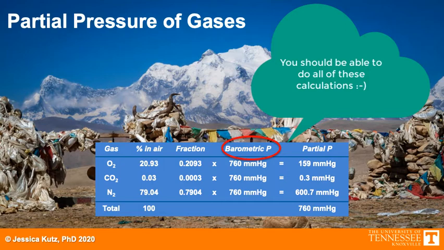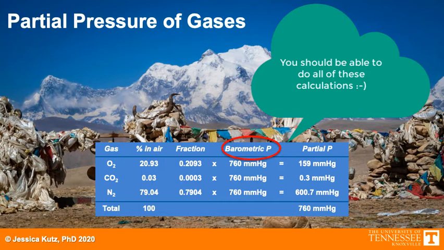and I would be calculating the partial pressure of oxygen, which would be 159 millimeters of mercury. And that's important because gases are going to flow from a high pressure to a low pressure. So in my tissues, the partial pressure of oxygen is much lower. That's going to facilitate moving oxygen into my tissues. I've got this nice big gradient. Well, if my barometric pressure goes down because I'm higher in elevation, standing on top of a mountain, my partial pressure for oxygen would be less.